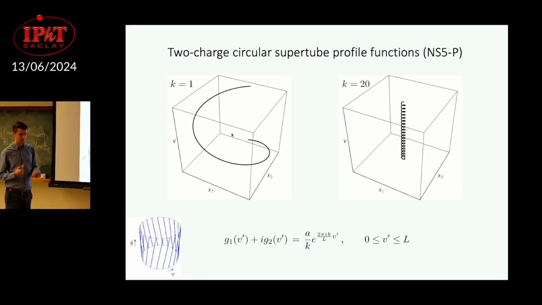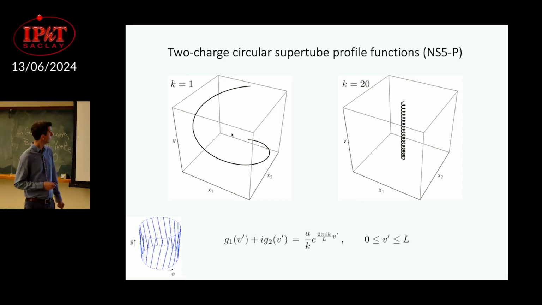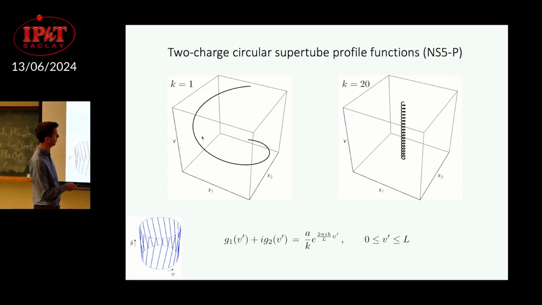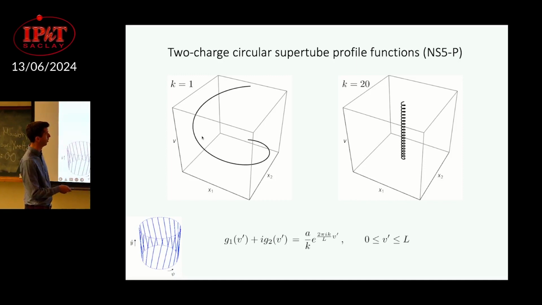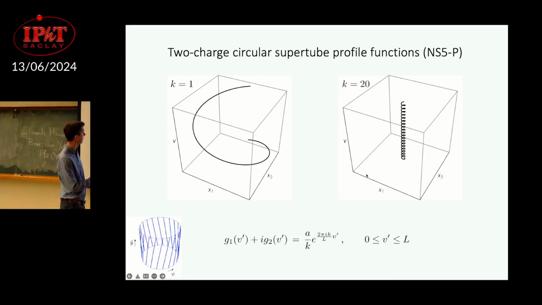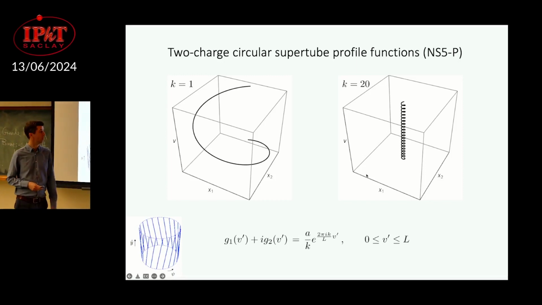So the configuration has a lot of angular momentum. This solution for k equals 1 is a completely smooth horizonless supergravity solution obtained by spectral flow of the vacuum AdS3 times S3. I'm also interested in backgrounds which are obtained by orbifolds of that configuration. So this parameter small k will be an orbifold parameter.